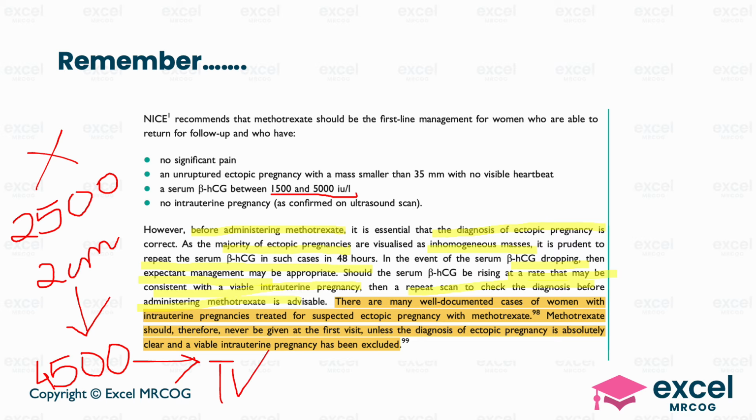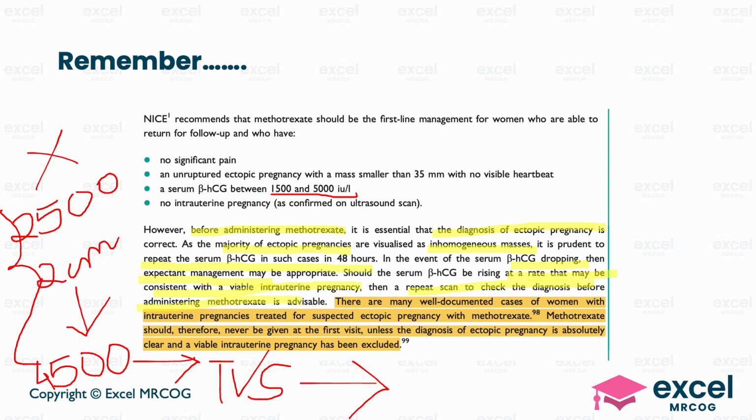If now the inhomogeneous mass in the adnexa persists and still there is no intrauterine pregnancy, now with the rise in beta HCG being in this manner and 4,500 falling well within the criteria for injection methotrexate, now you can give injection methotrexate because a viable intrauterine pregnancy would have shown for sure with this much rise of beta HCG if it was viable. All right.